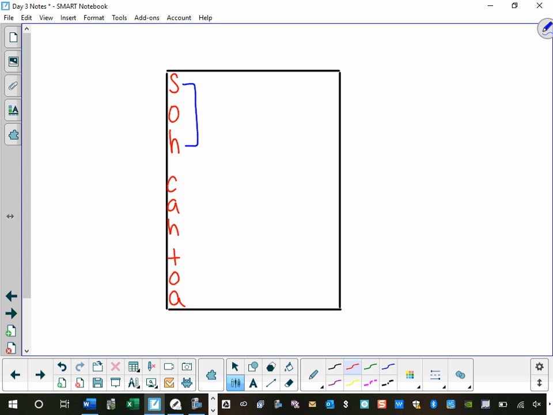Alright, that first letter tells me my trig function. Does that S represent sine, cosine, or tangent? Sine. So we have sine of x is going to be equal to what? What's that? O over H. Yeah? Good.